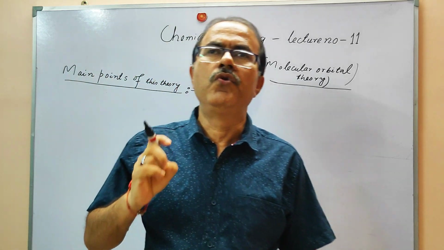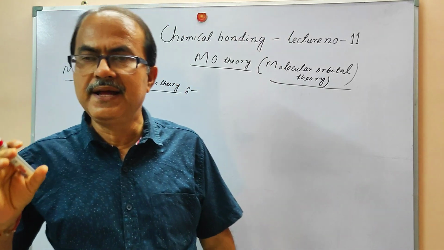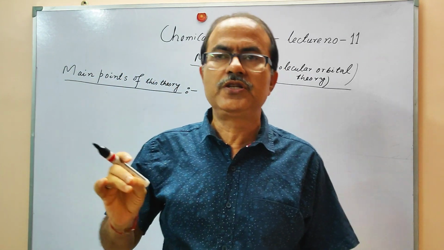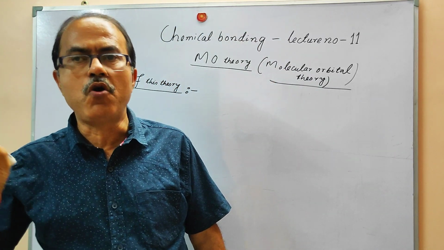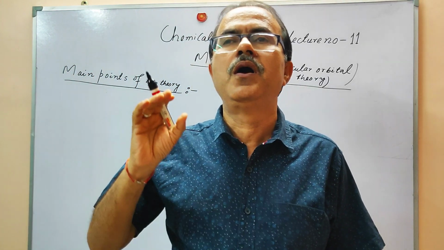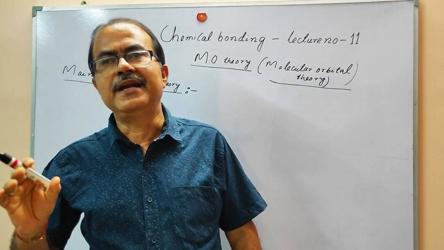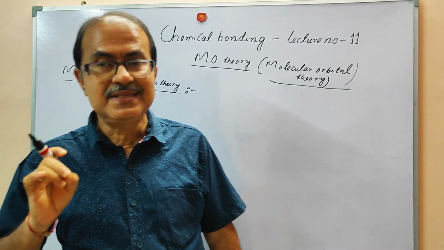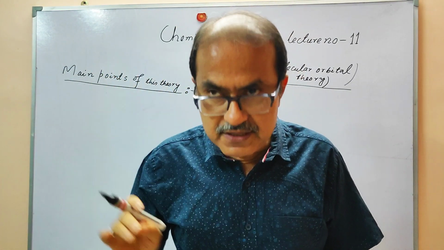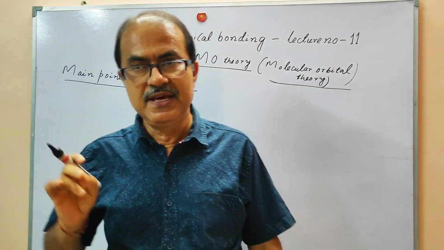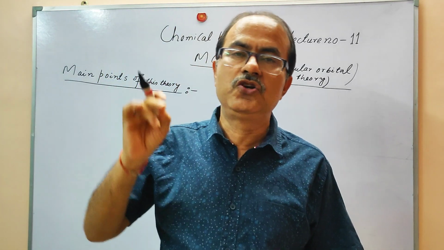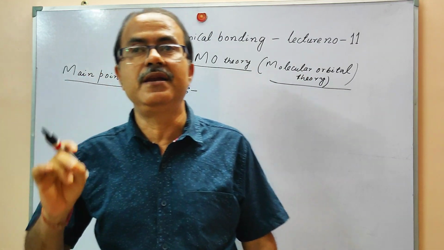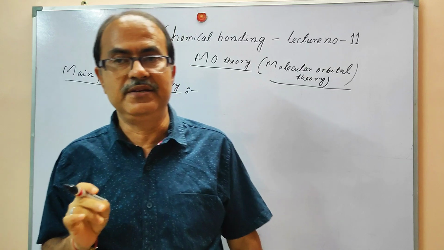It says when two atomic orbitals are combined, they lose their identity and form new orbitals, which are called molecular orbitals. As electrons in atoms are present in atomic orbitals, in molecules the electrons are present in molecular orbitals, and that is the new concept put forward by the scientists.